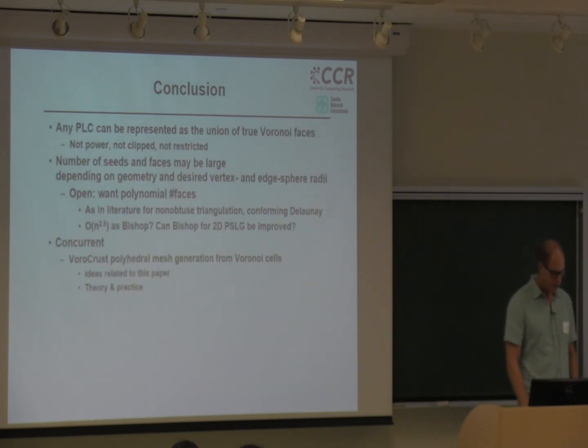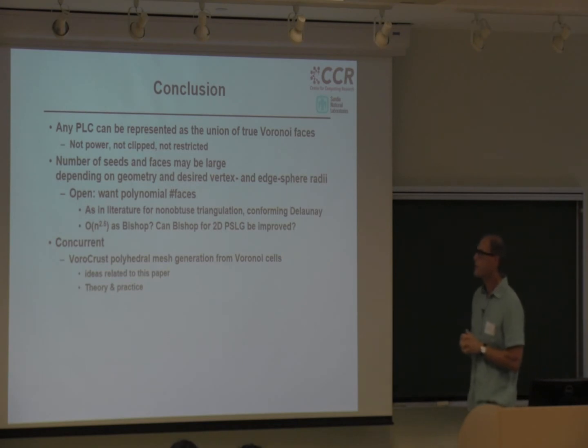All right. So in conclusion, any PLC can be represented as the union of Voronoi faces in the real Voronoi cells. They're not power cells, not clipped or restricted or anything like that. And this result isn't particularly practical because of the huge number of seeds you get, but we think it points the way towards that.